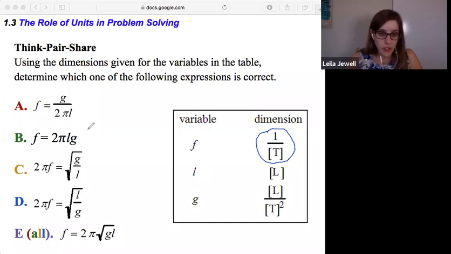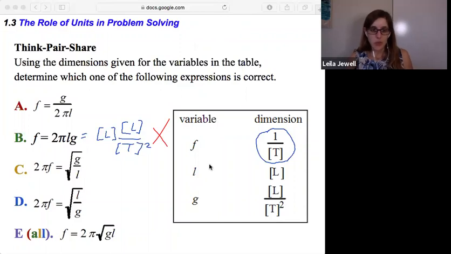But it's being multiplied by L. So I could fill in L, and then times G, which is L divided by T squared, keeping the brackets to show that these are not actual variables, they're just the dimensions. Now notice this is L squared divided by T squared. That is nothing like 1 over T. So it's not going to be this one.